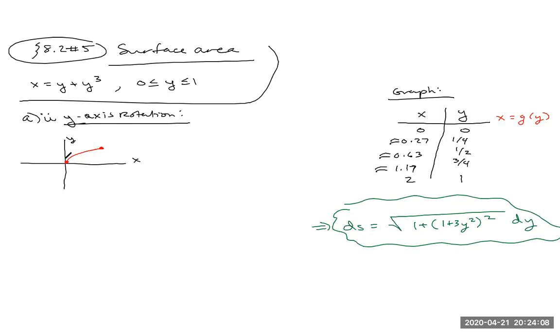So now we're going to be rotating that about the y-axis, and our circular strips are going to be this way now. Sorry, I know that's a little small. I should have made it bigger.